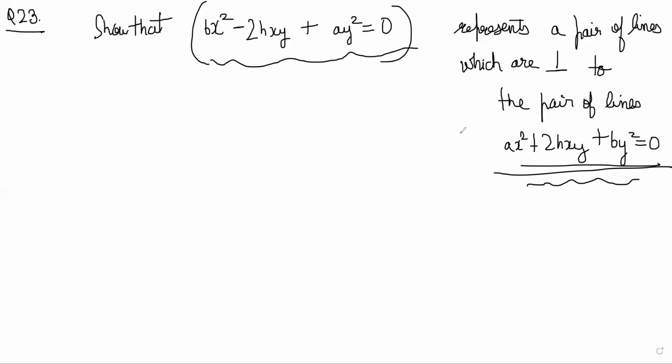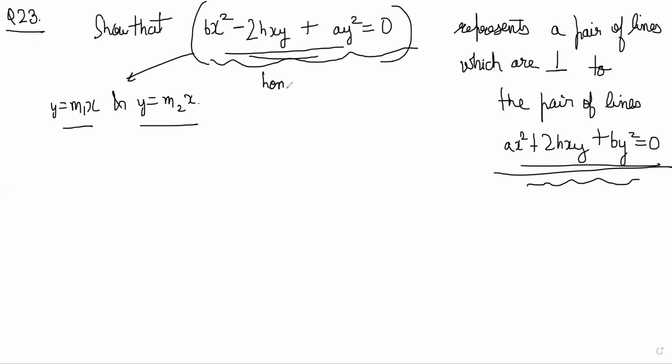Okay, so in order to do that, we can say let these lines be y is equal to m1x and y is equal to m2x, because notice that the equations are homogeneous equations. This is a homogeneous equation in x and y.